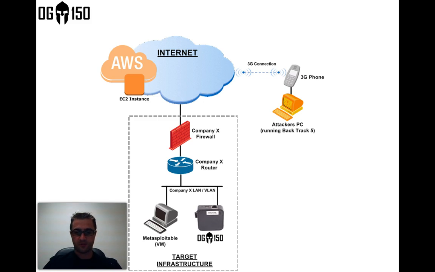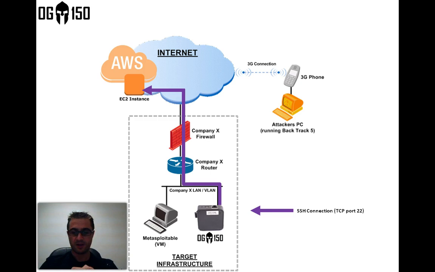Okay, so those who've read my reverse SSH tutorial will know that it's pretty straightforward to connect the OG150, and upon boot it will automatically establish an SSH connection to your desired location. Okay, so what's happening here is the OG150 is creating an SSH connection to an EC2 instance.